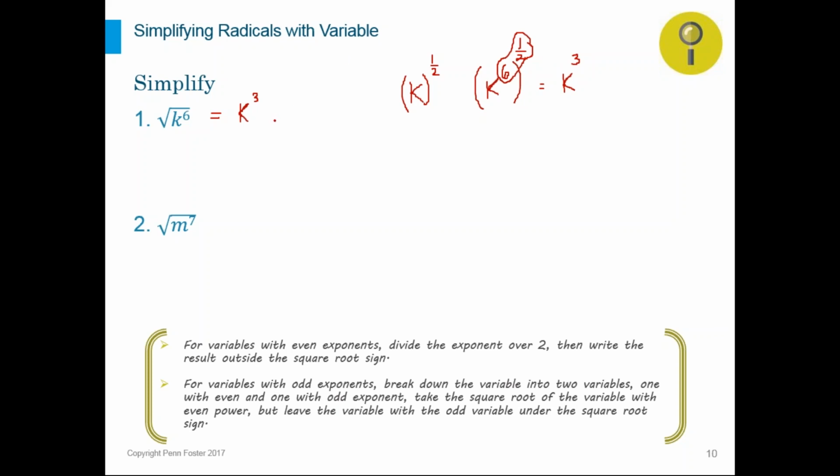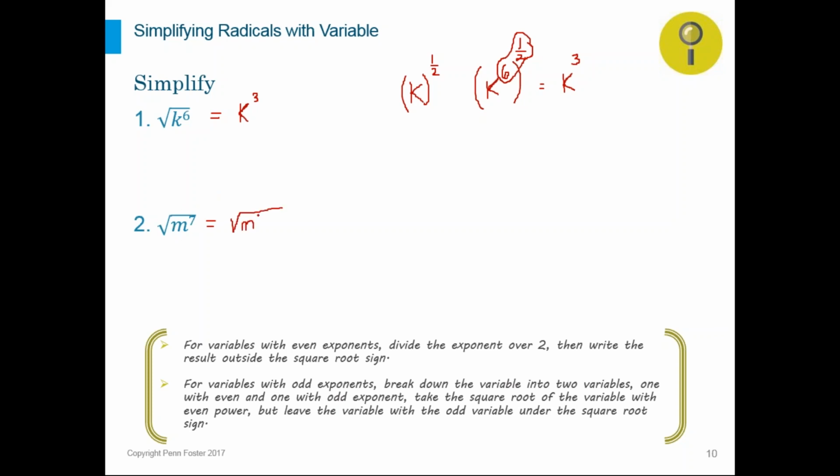Now, what if the power is an odd number like 7? What should we do? Of course, we're not going to divide 7 over 2. You're going to get a weird power, like a fractional power, which is not easy to understand. In this case, we will break down the variable under the square root sign as follows.